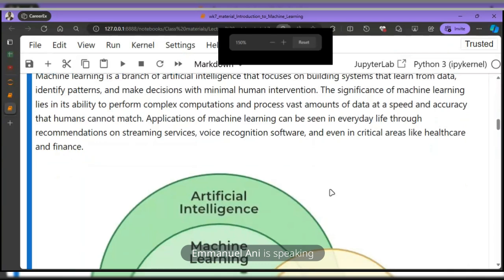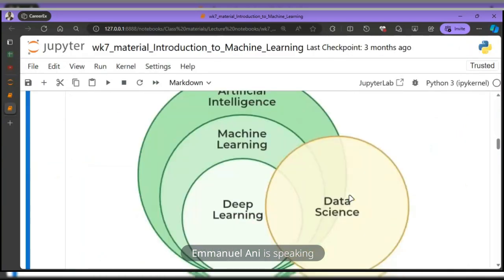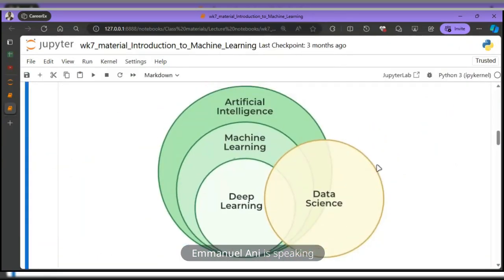So, let's look at the intersection between machine learning, AI, data science and deep learning. This is the relationship between these. You can see that data science takes a part of this particular field. Data science is a different field on its own, but it takes from machine learning to perform some tasks.